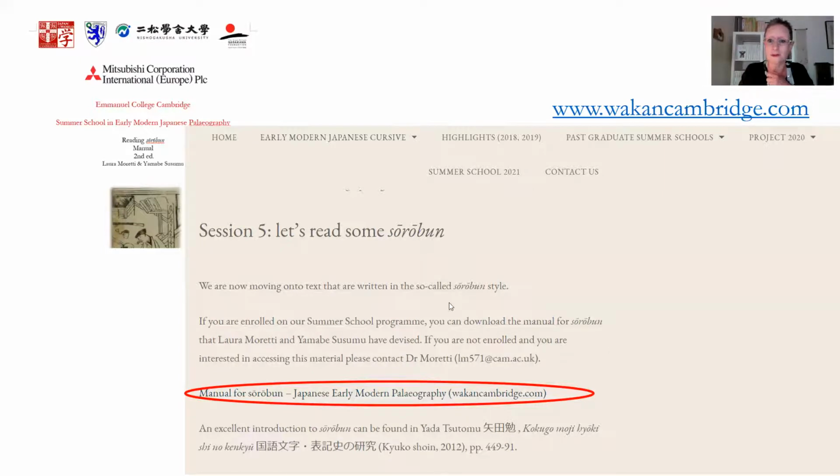There are two resources that we have put on our webpage. One is a manual for sōrōbun that Professor Yamabe Susumu of Nishogakusha Daigaku and myself have created for the summer school. This material is only available to those people who have enrolled on our summer school program, but for those who are not enrolled on our program, we would like to refer to this excellent introduction to sōrōbun as a written language that has been published by Yada Tsutomu in 2012.